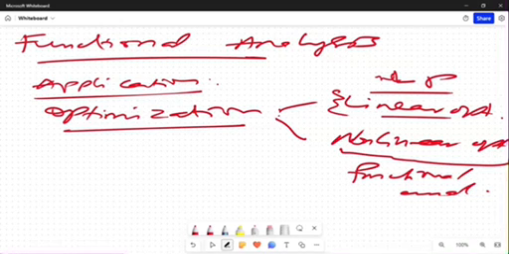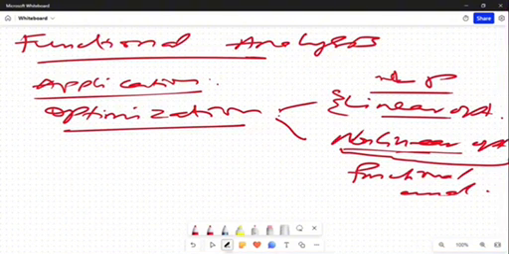Most of the time, nonlinear optimization has problems that are more difficult to solve than linear. And of course, you know that nature presents a whole lot of problems in the nonlinear case. So that is why applying functional analysis methods is always very key.